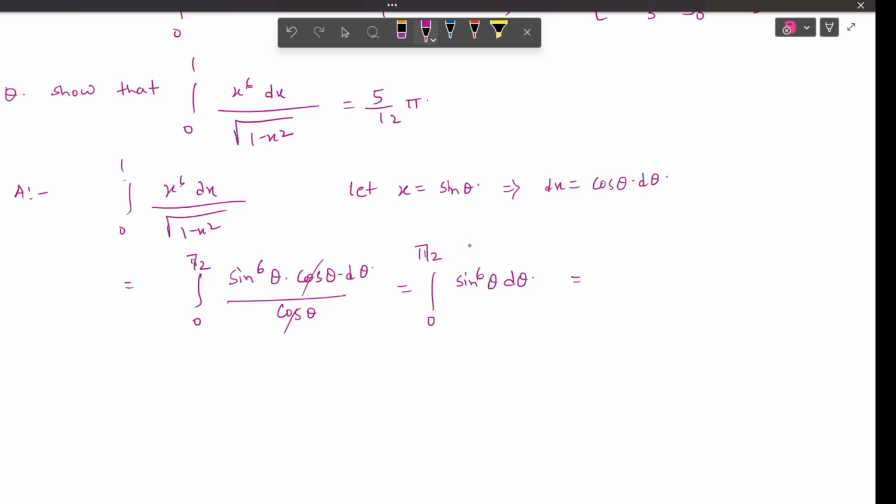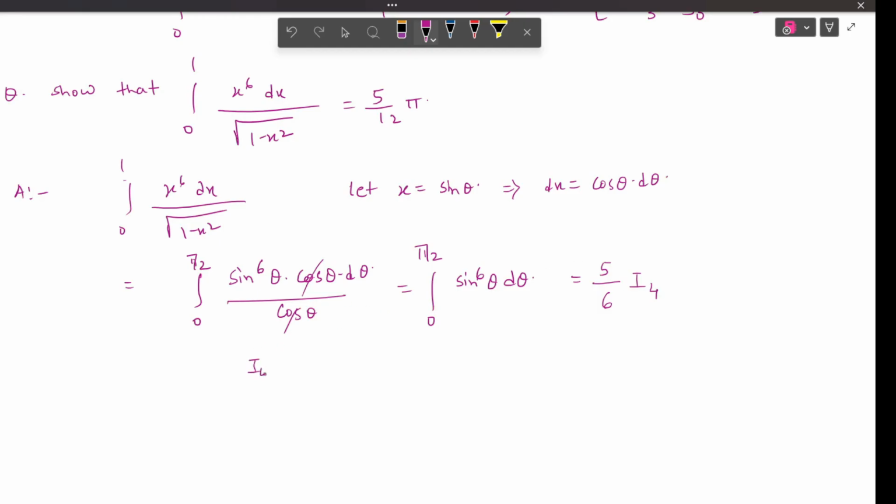Okay, so it should be n minus 1, that is 5, by n, that is 6, into I(n minus 2). So n minus 2 would be 6 minus 2, that is 4. So we have to calculate I(4).